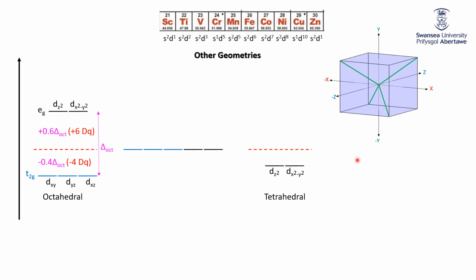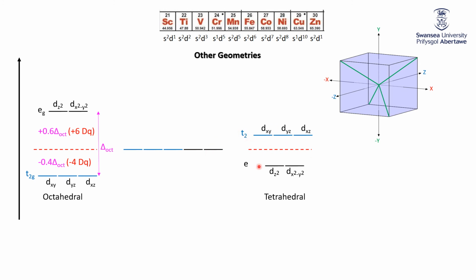So what we see is that in the exact opposite way to the octahedral, the orbitals along the axes are stabilized, the orbitals in between the axes are destabilized. Again, nomenclature: the pair are called E, not EG, we lose the G, and the three are called T2, not T2G, again we lose the G.